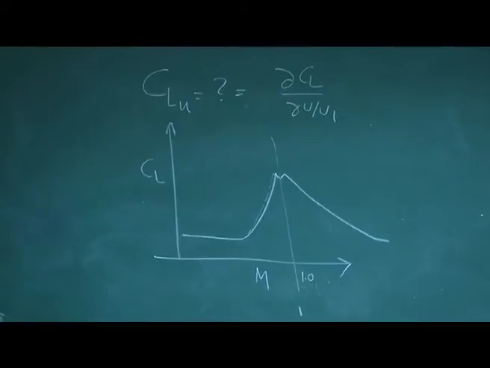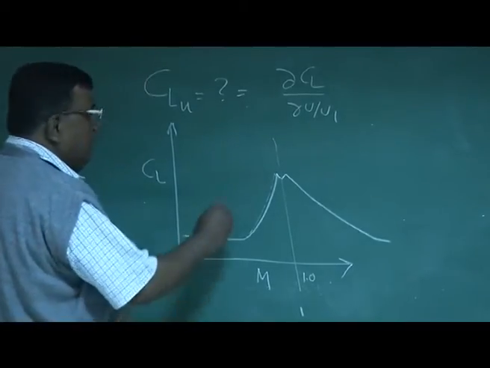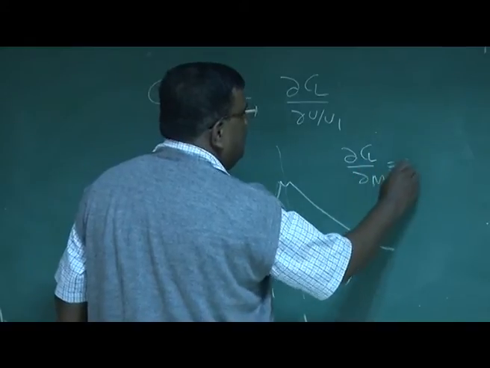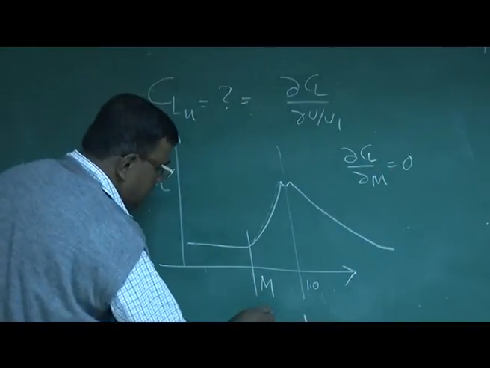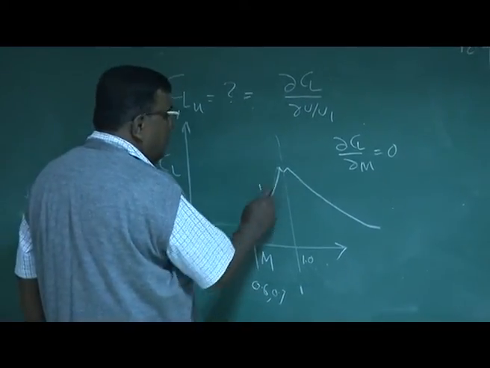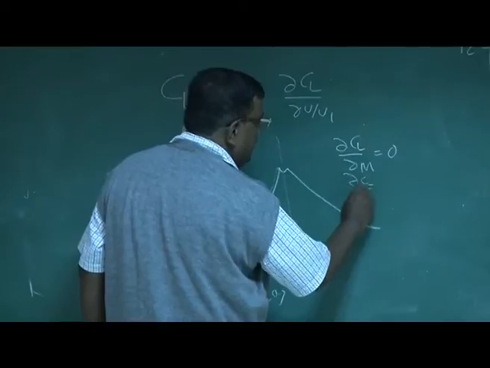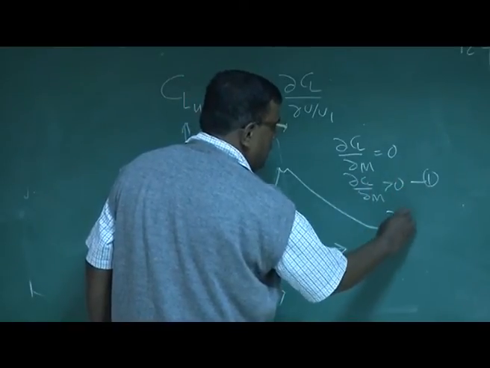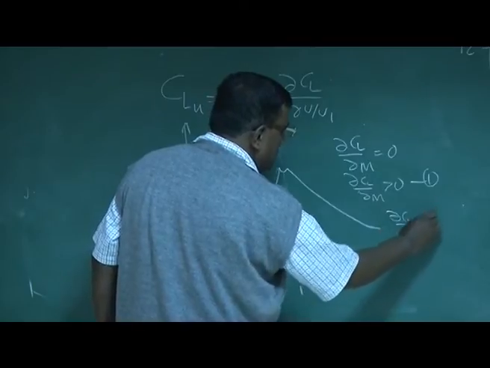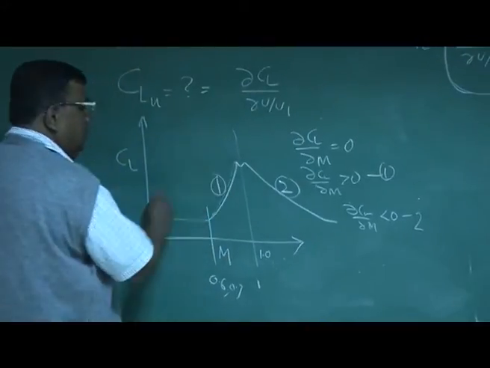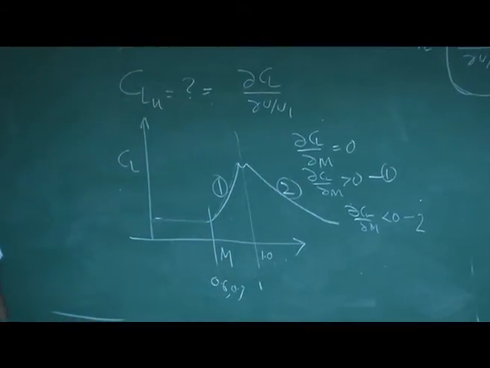Now, if I try to tell you what is dCl by dM up to 0.6 or 0.7, again, this is 0. But for region 1, dCl by dM is positive, and dCl by dM is less than 0 for region 2. At supersonic speed, dCl by dM is less than 0.